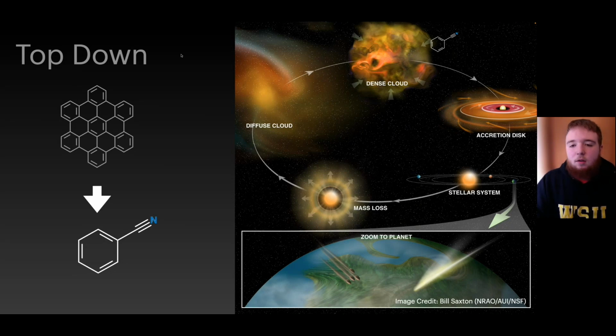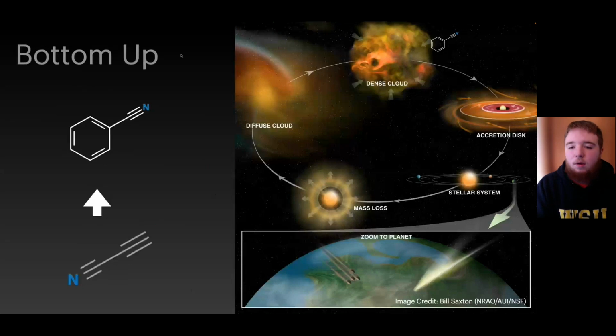So when you still look at these intermolecular clouds of dust, we started seeing some of these aromatic molecules. So that paves the way for the new theory, bottom-up chemistry, where we think that simple molecules and atoms had enough energy in their environment inside of these clouds to combine to form these simple aromatic molecules such as benzene and benzonitrile, etc. This is supported by the fact that this is how we see most chemistry happen.